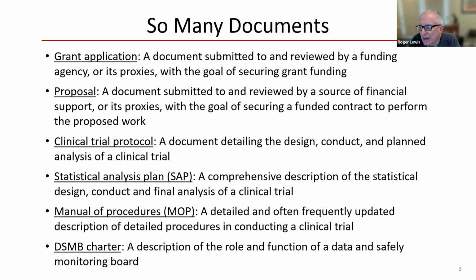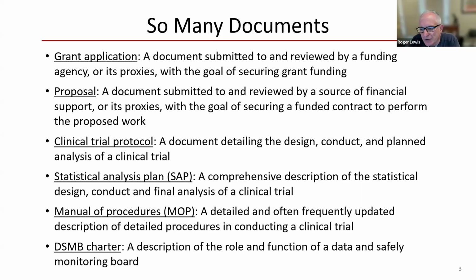The goal of that document is to secure grant funding. There's a very important distinction between grant funding and having a contract. Grant funding is a mechanism of transferring resources that gives much greater autonomy to the recipient of those funds to do what they see as best with them.